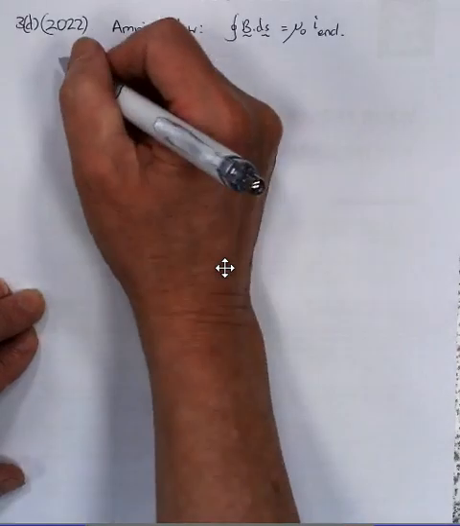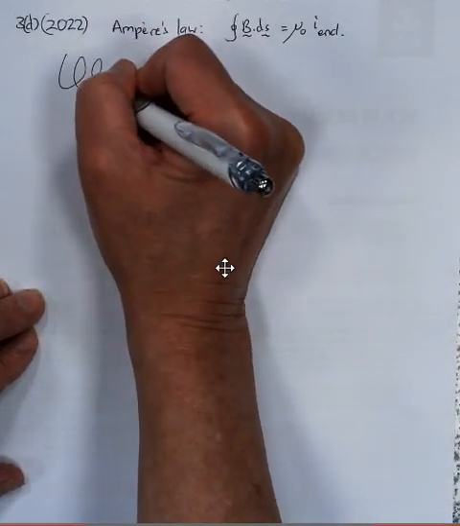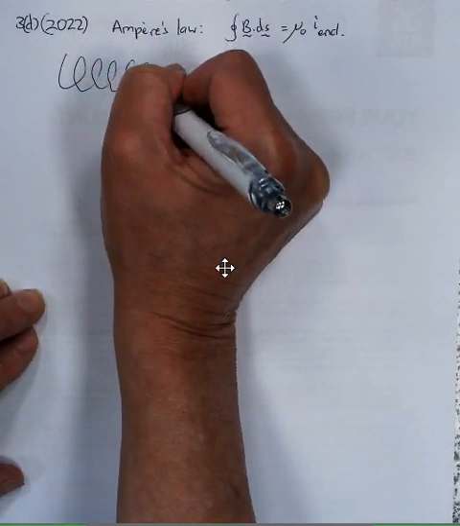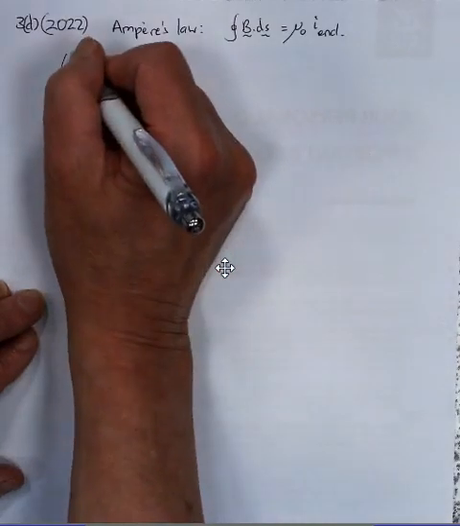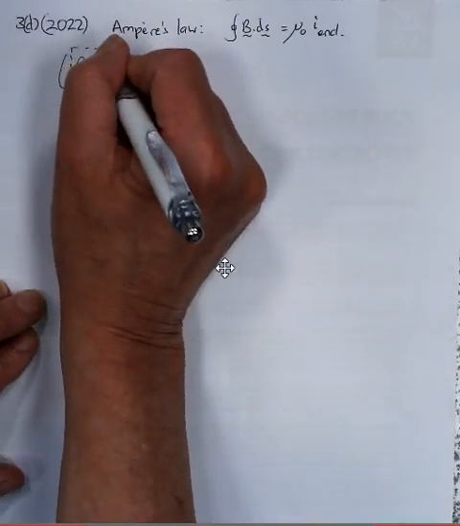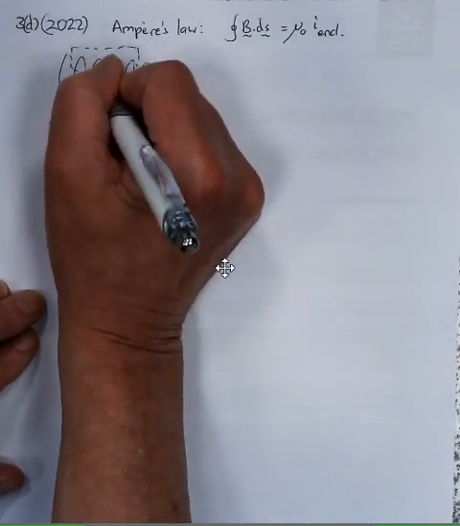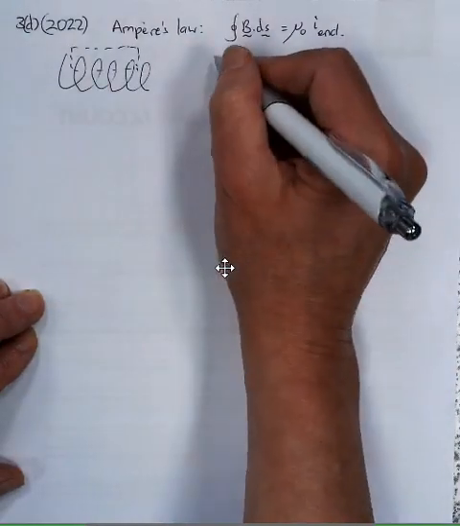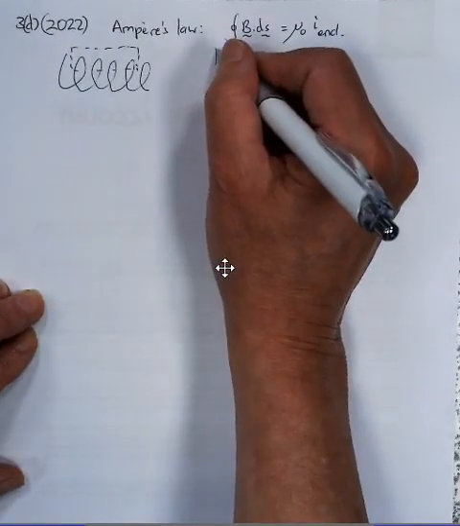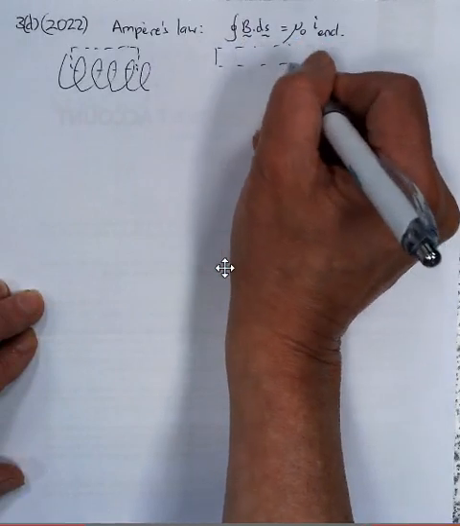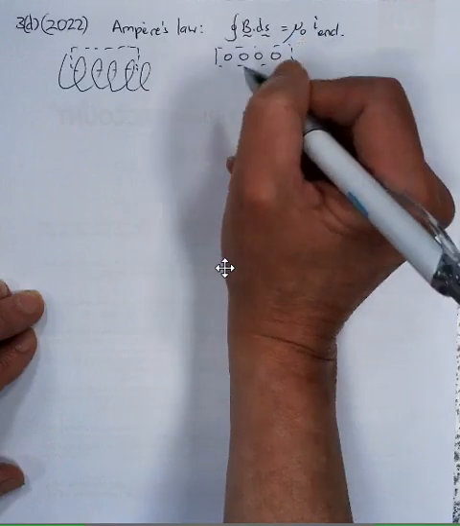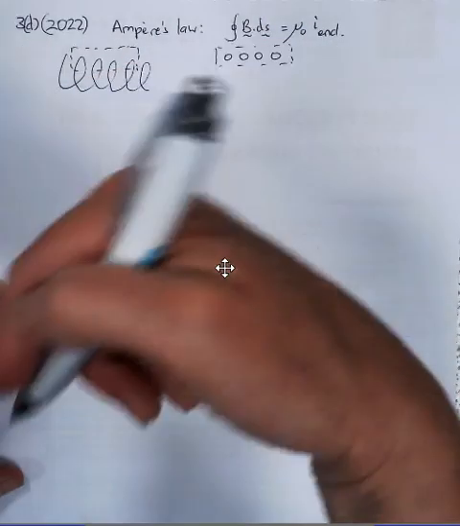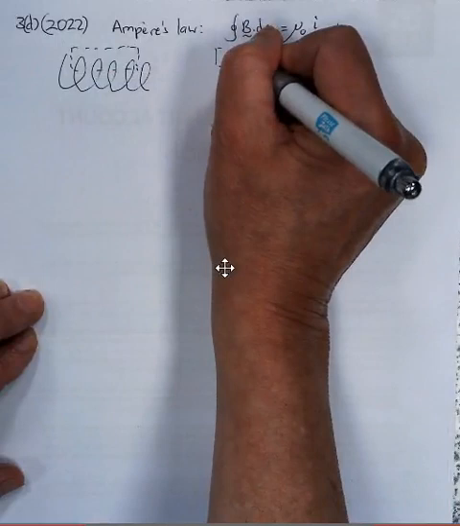Okay, this is for a solenoid, so we can draw a solenoid. And we can take a section, a loop, and put it over that like that. Another way to look at that loop is to think of the current enclosed as the current coming around, and remember you can think of this as a slice.